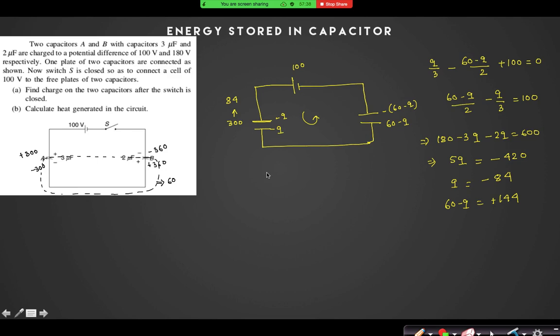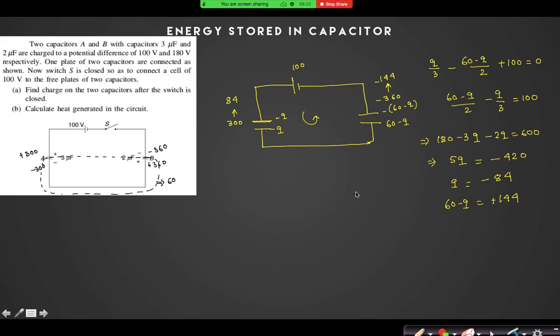And initially the charge on this plate was minus 360, right? From there we have got the charge on this plate, now it is minus of 60 minus q, that means minus 144, right?